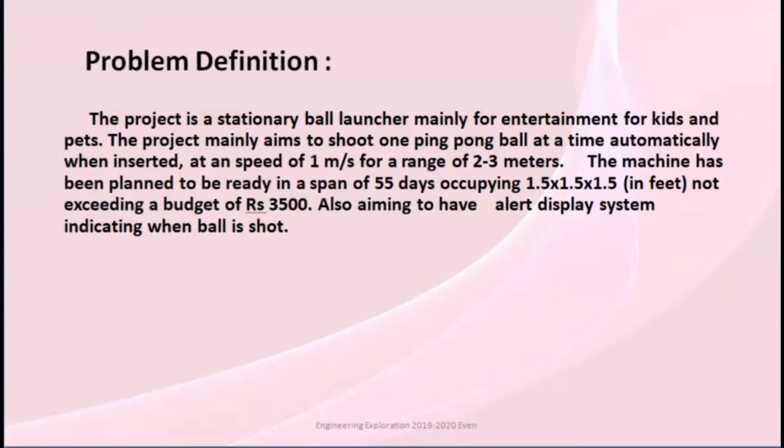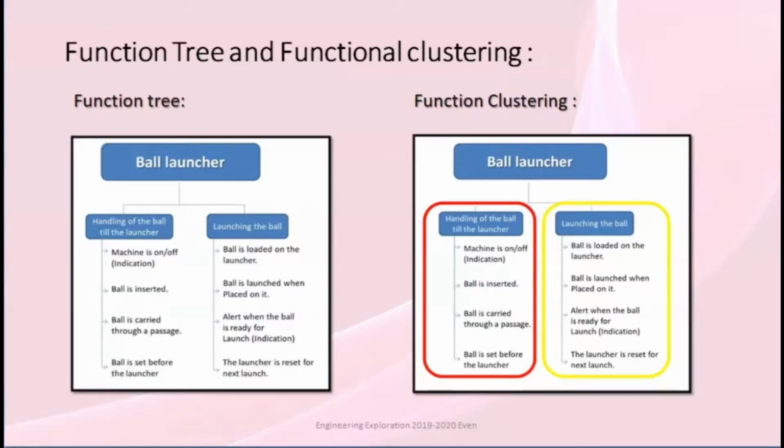Function tree and function clustering. Function tree. In the ball launcher, handling of the ball till the launcher and launching the ball are the two main functions. Handling of the ball till the launcher has some subsystems. Those are: indication that the machine is on or off, ball insertion, ball is carried through a passage, ball is set before the launcher.